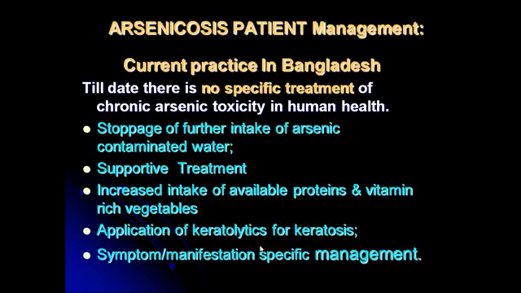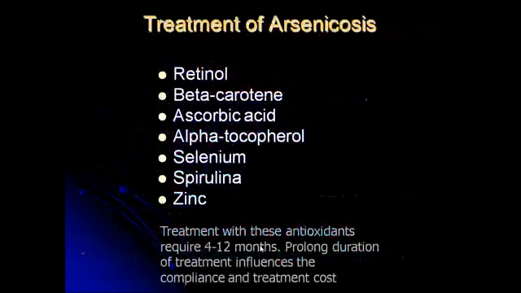Another way is to increase intake of available proteins and vitamin rich vegetables. Where there is keratosis or hyperkeratosis, we can use keratolytics, such as salicylic acid cream or ointment or topical urea cream, etc. And most importantly, we have to treat the manifestations of arsenicosis, which are sometimes melanosis, sometimes severe conditions like squamous cell carcinoma, etc. And we shall take these carcinomatous conditions specifically. At present, we treat mild to moderate cases of arsenicosis with oral vitamins like retinol, beta carotene, ascorbic acid, alpha tocopherol, selenium, spirulina, and zinc in our country.